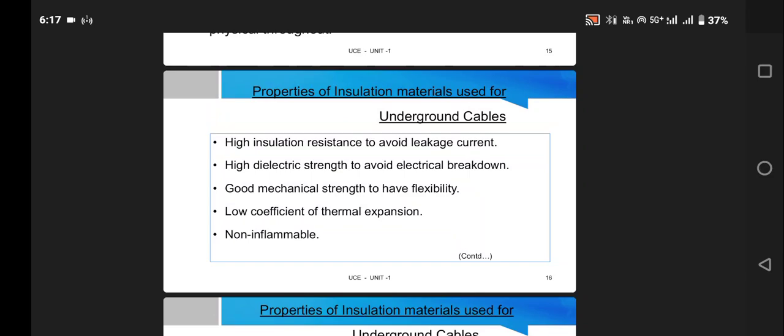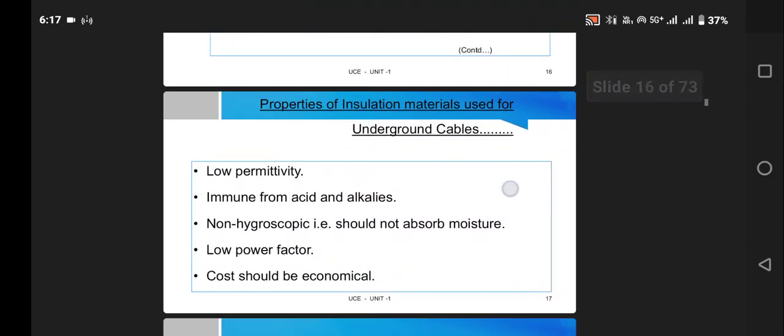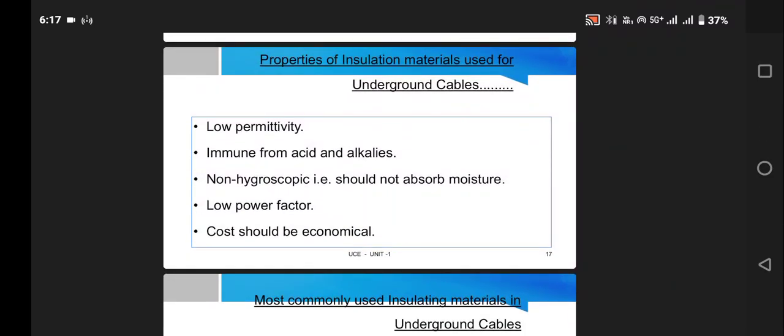They should be non-inflammable, and the permittivity should be very low. They should be immune to acids and alkalis. They should be non-hygroscopic, which means they should not absorb moisture. The power factor of the insulating material should be very low, and the cost should be economical.